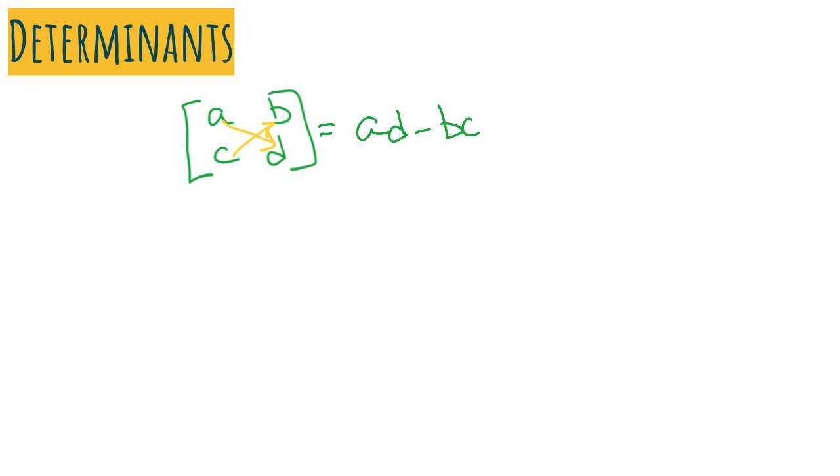So let's try an example. Let's say we have the matrix 5, 6, 7, and 3, and I want to find its determinant. To find it, I am going to multiply by the diagonal: 5 times 3.